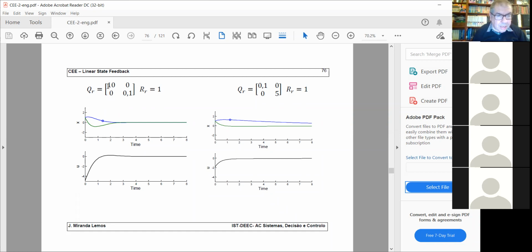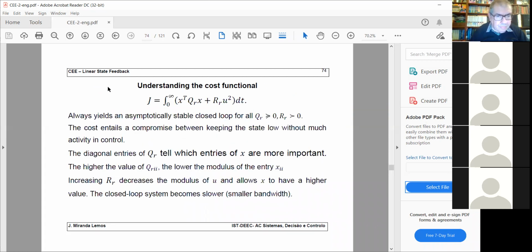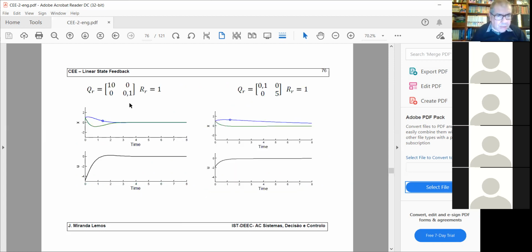So when I have this term here, this will be x1 squared times 10 plus x2 squared times 0.1. So I'm attributing more importance to the first component than to the second one.